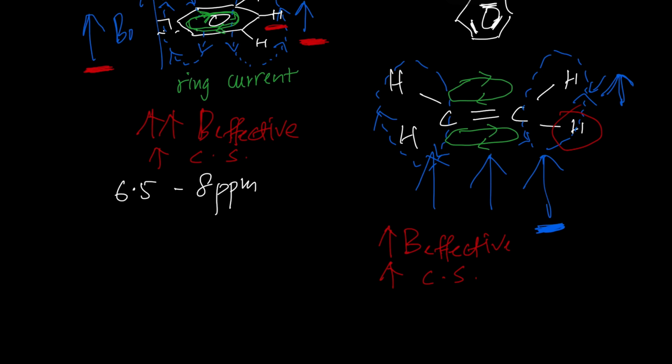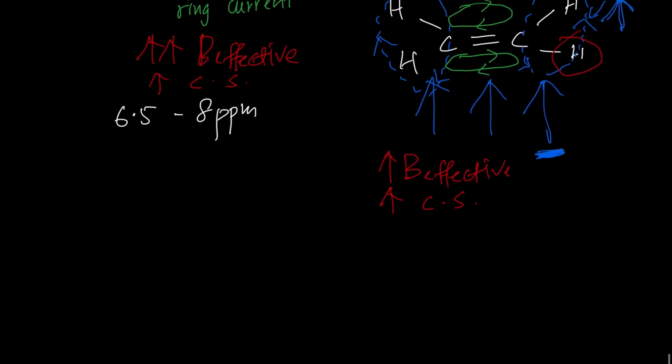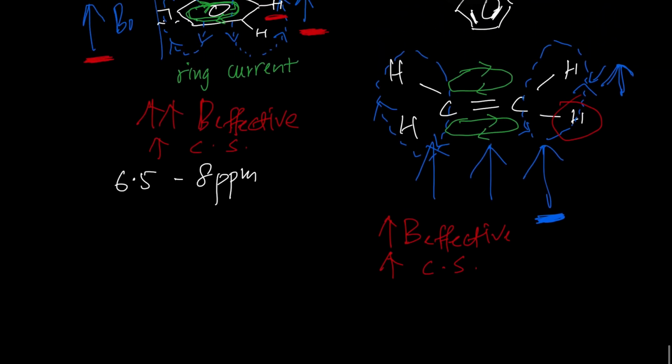And also this double bond will give a greater chemical shift value for the aldehyde hydrogen here. The hydrogen in the aldehyde will have a very high chemical shift value because of two effects.